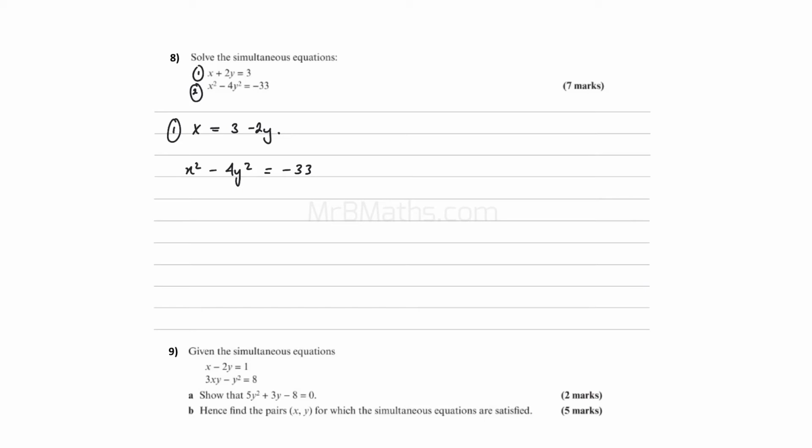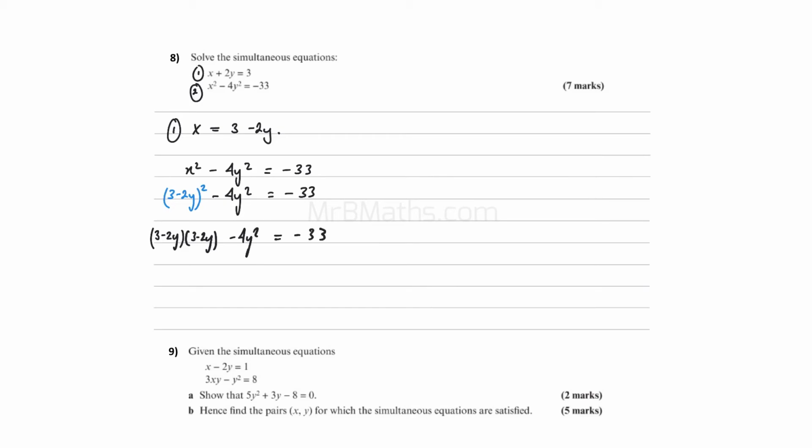And then I'll have my substitution, so (3 minus 2y) squared minus 4y squared equals negative 33. This will then become (3 minus 2y)(3 minus 2y) minus 4y squared equals negative 33.